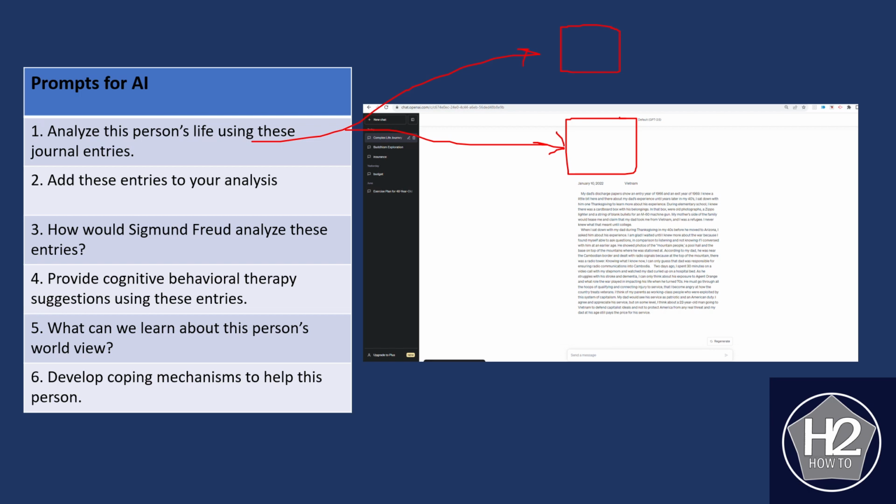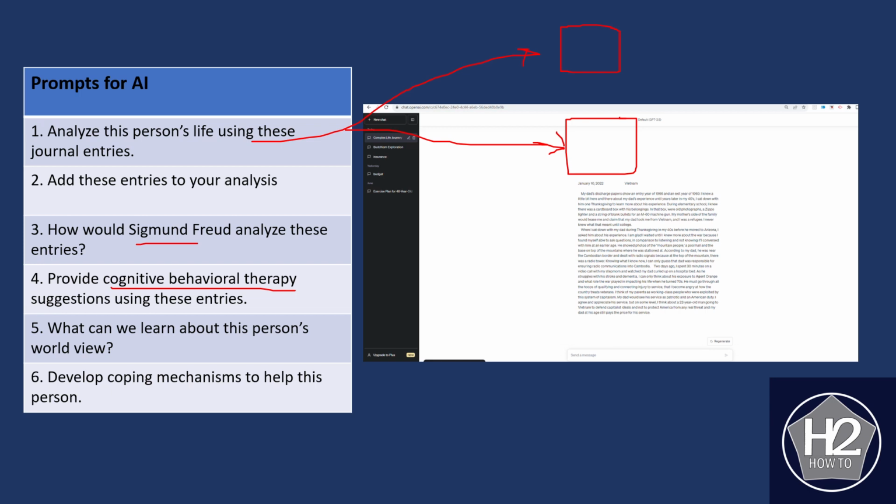And then I asked it to analyze the journal entries from a psychological point of view. I have some understanding of psychology history, so I asked it to look at it from the point of view of Sigmund Freud, Carl Jung. If you're not familiar with cognitive behavioral therapy or CBT, I asked it to give me suggestions.